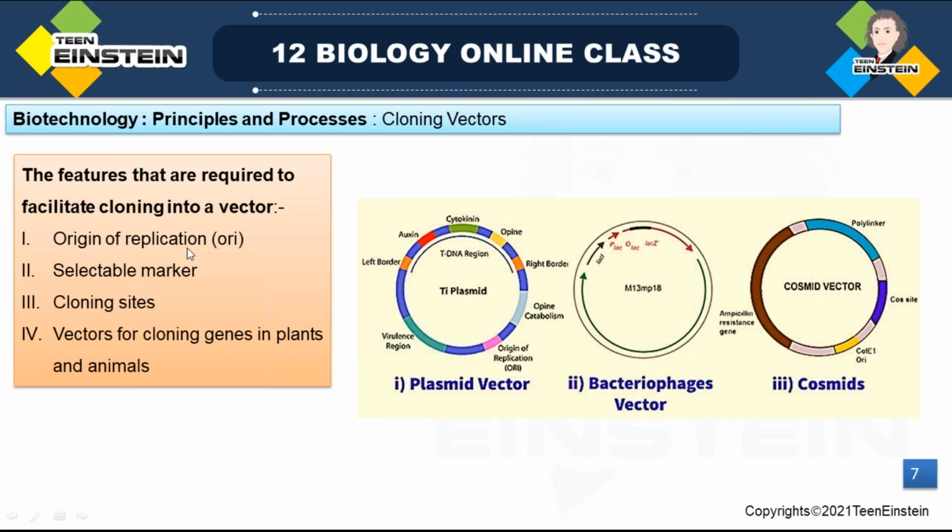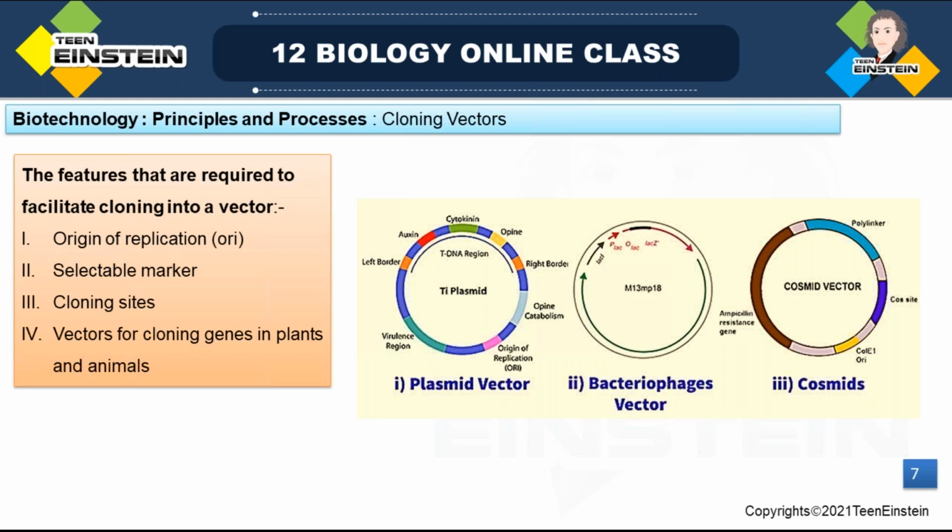A cloning vector should have an origin of replication so that the vector can self-replicate inside the host cell. Okay, for inserting the foreign DNA, a vector should have a restriction site.